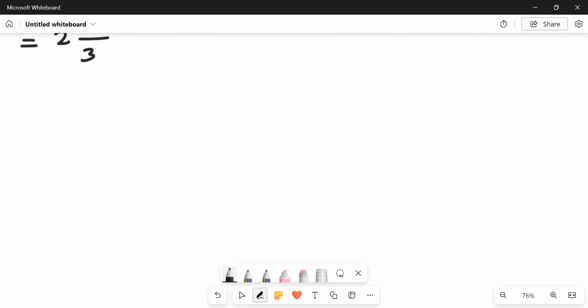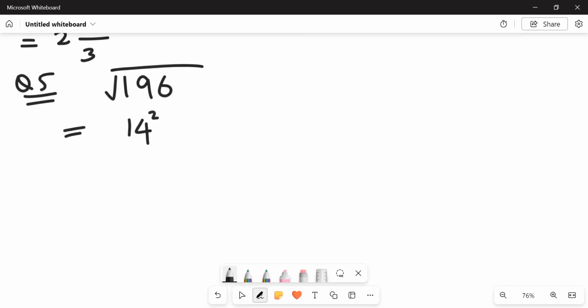Question number 5. Evaluate each of the following without the use of a calculator. Now here, square root of 196. 196 is the square of 14. So it will be 14.